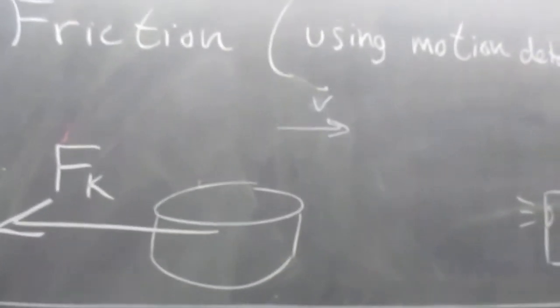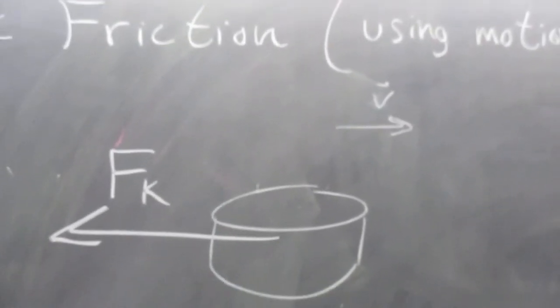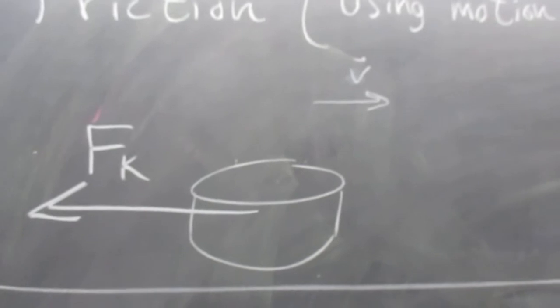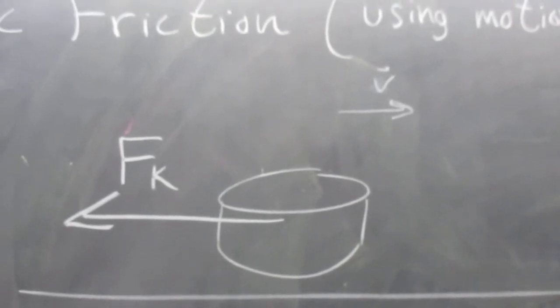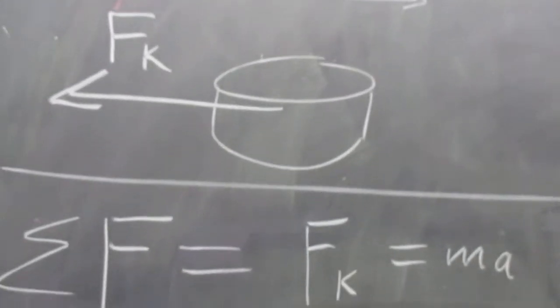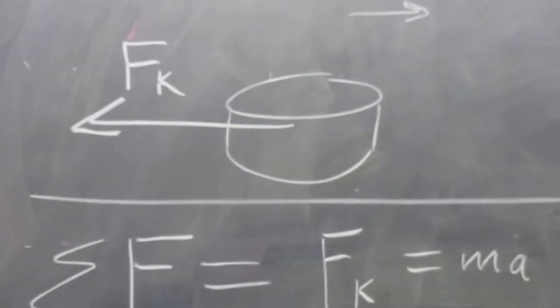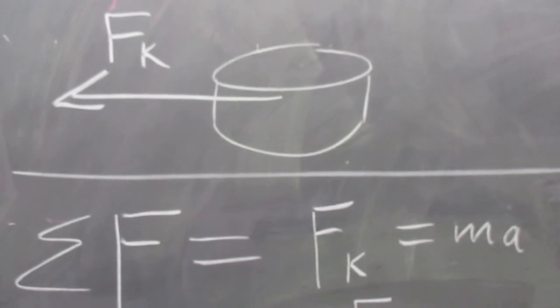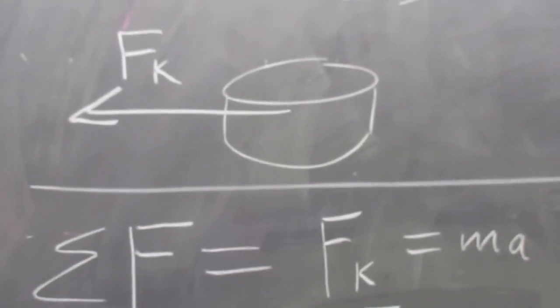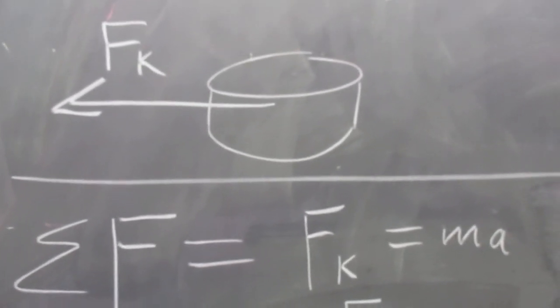Now we can solve that using Newton's second law. So what does Newton's second law say? The sum of the forces equals the mass times acceleration, and we're talking in this direction here. In this case, kinetic friction is the only force acting on it, after our hand has let go of the box.